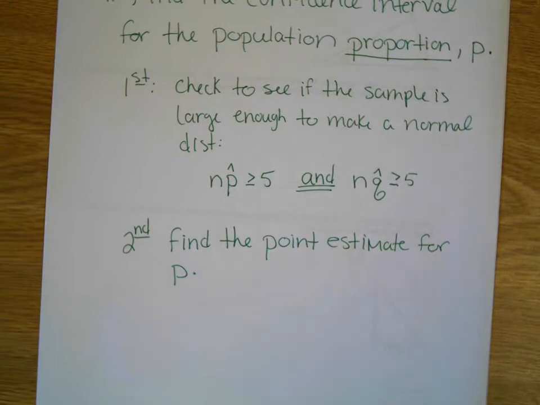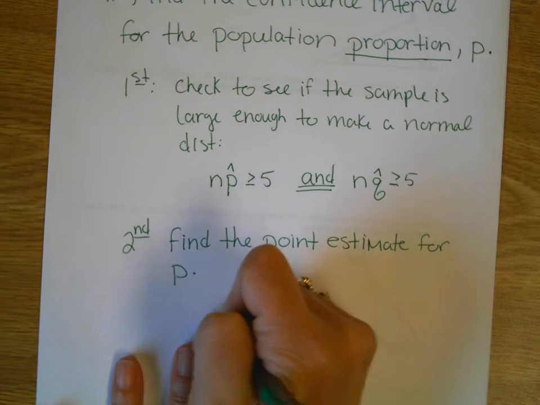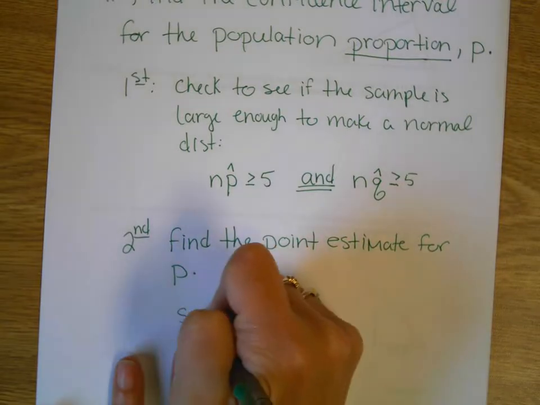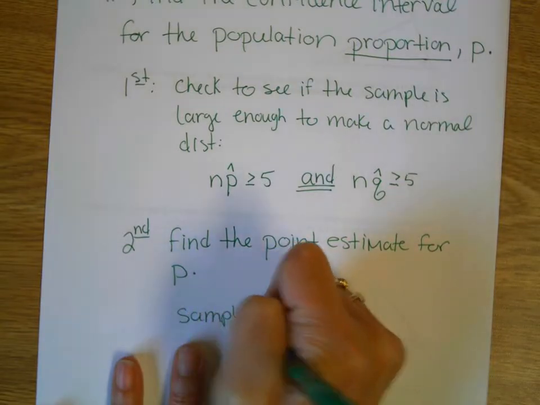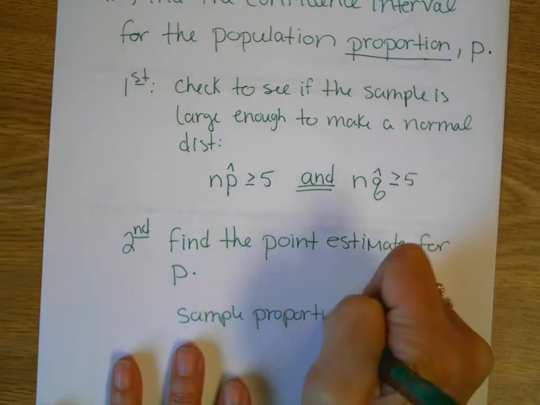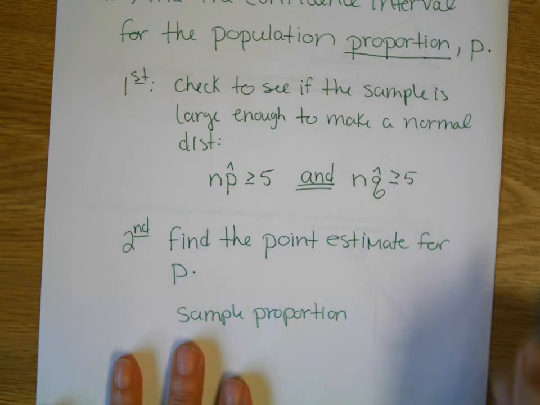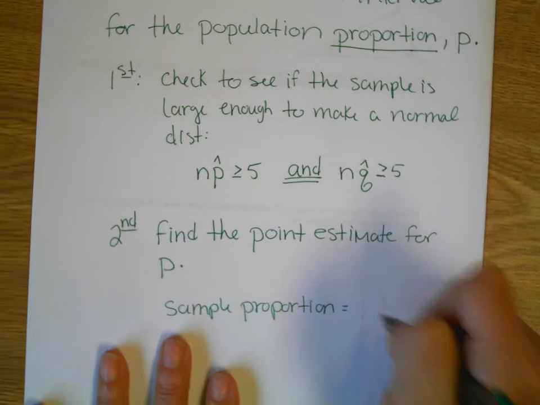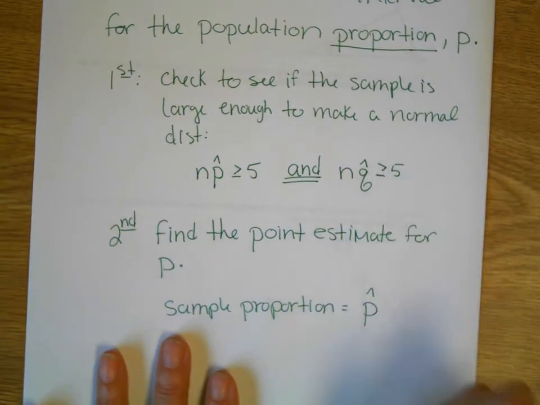We said that the population mean was going to be somewhere around that sample mean. Here, the population percentage is going to be somewhere around the sample percentage. So the point estimate for the population percentage is p hat. The sample proportion. Which we call p hat.